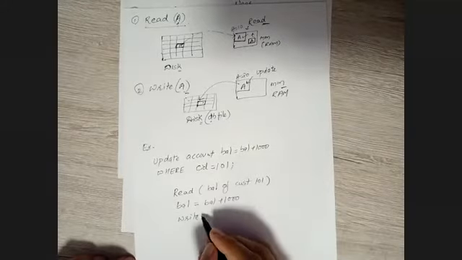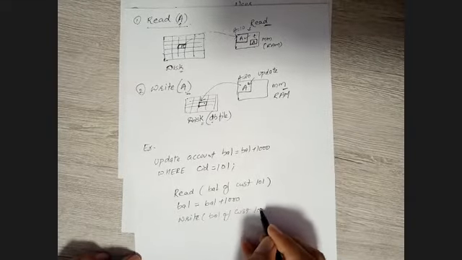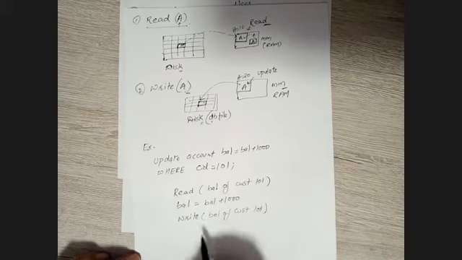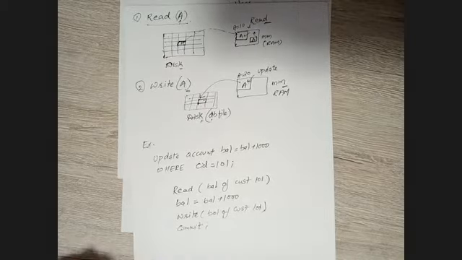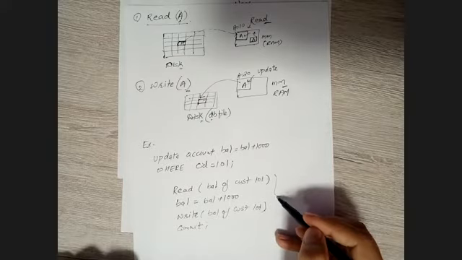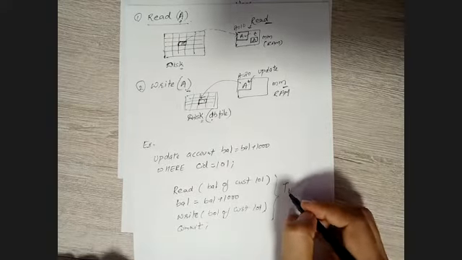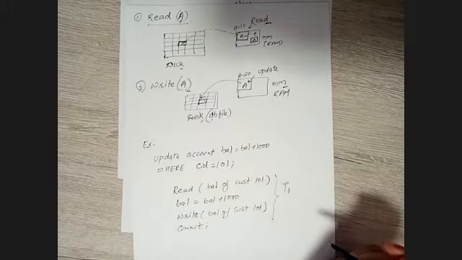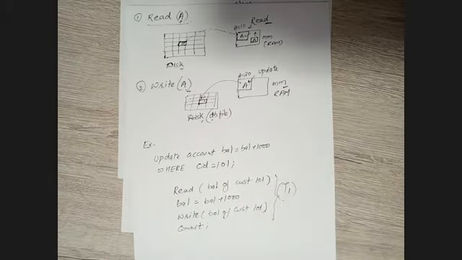So we write balance of customer 101, and once we have done that, we will commit. So this is the transaction we have performed, and we will use the acronym T1 for transaction one, where we are performing the updation of your account balance.